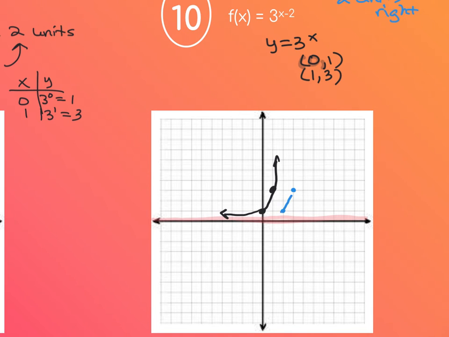Asymptote stays the same place, and it skims along it. So same asymptote, y equals 0. So we're not moving the asymptote when it shifts left and right, only up and down.